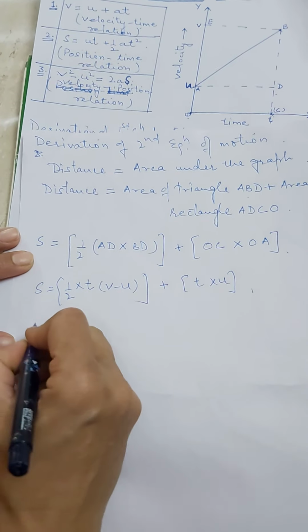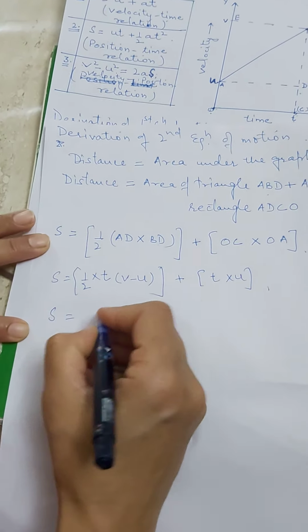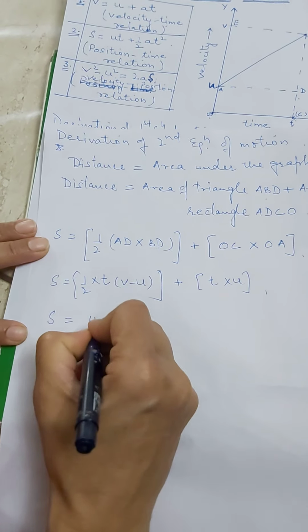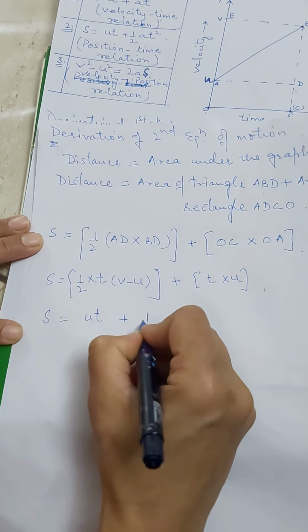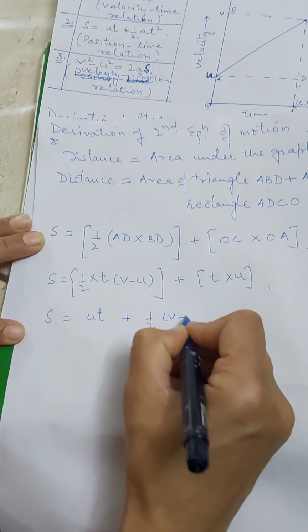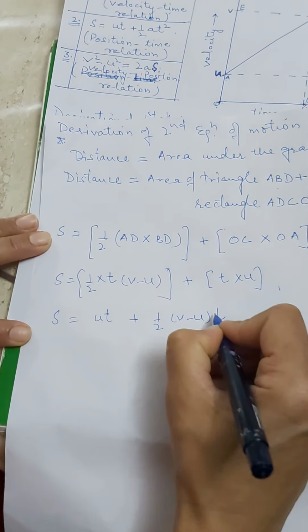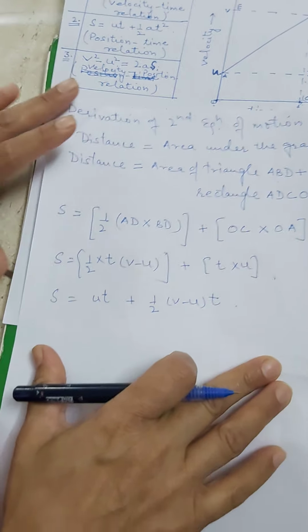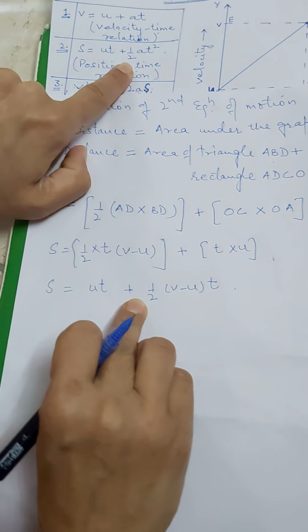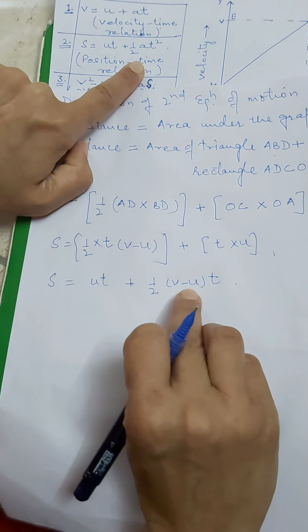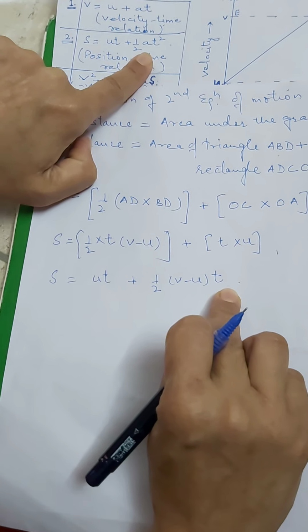Okay, so can we write it like s is equal to ut plus half v minus u into t. Now look, we want s is equal to ut plus half at square. It should be at square.